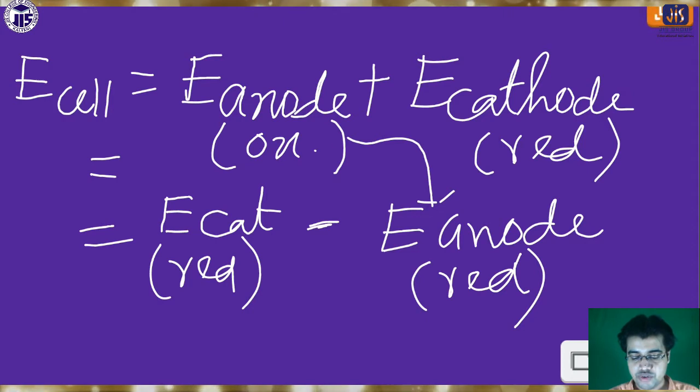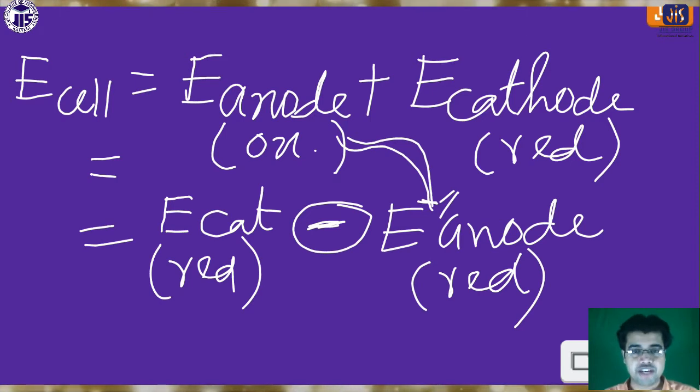Oxidation to reduction, that's why I am taking the negative sign. It may also be E0 cell, equal to E0 cathode minus E0 anode. What is E0? I will show you.